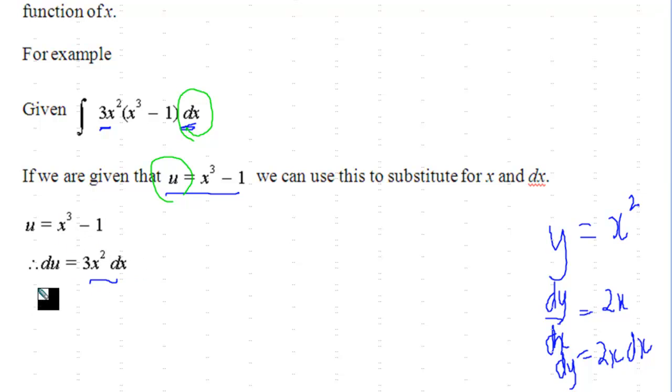So instead of the dx being on the bottom, we're going to have it over here, only for the simple fact that we want to replace the dx as well. And notice that when we differentiate x cubed minus 1, we get 3x squared. So we're getting a nice substitution, and there's our 3x squared dx. That's what we're looking to do when we do these types of questions.